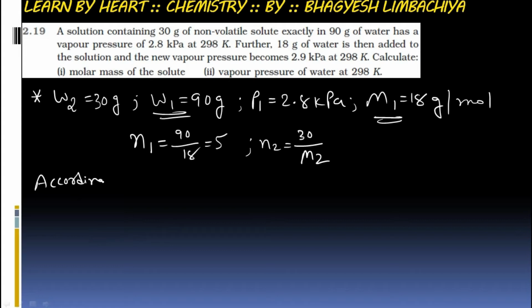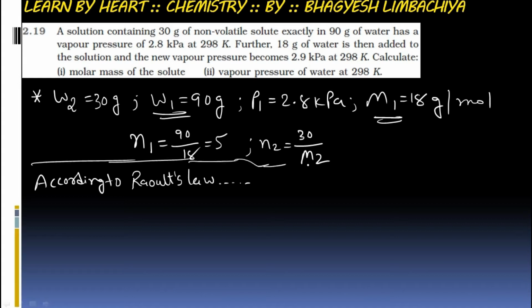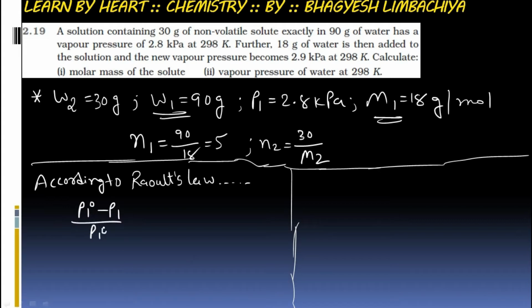So according to Raoult's law, the formula is P1⁰ minus P1 by P1⁰ equals N2 by N1 plus N2.